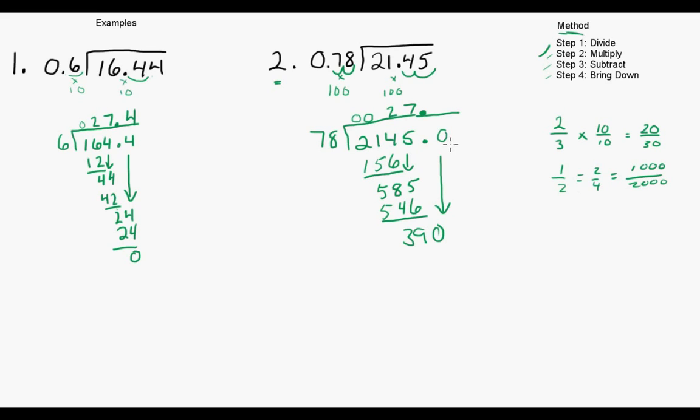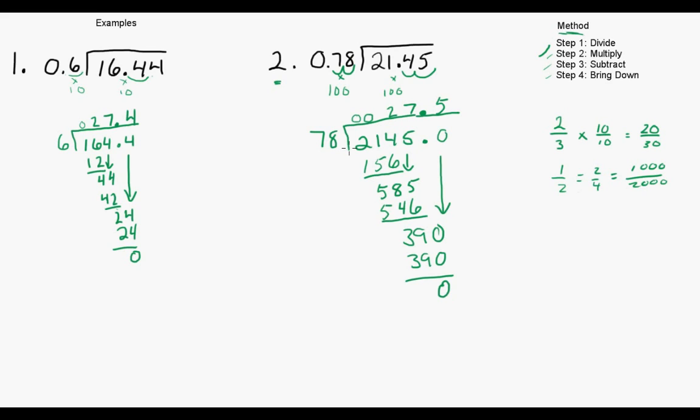Again, we can add zeros all the way across the page if we want, because adding those zeros isn't going to change anything in our number here. 2,145 is the same as 2,145.00000. Okay, so 78 divides into 390 5 times, and 5 times 78 is 390. We subtract those and we get 0, so we're done here as well.